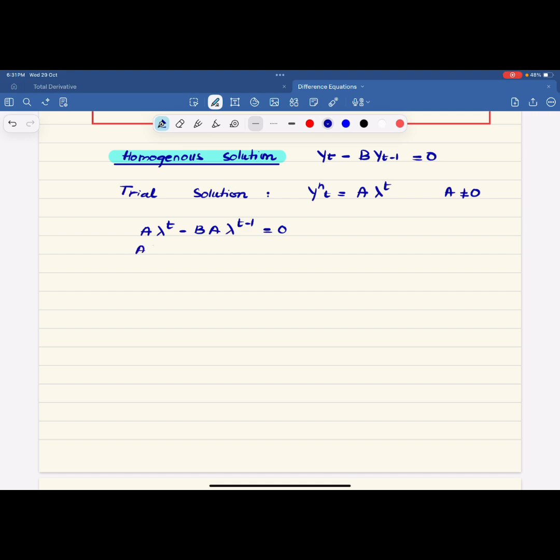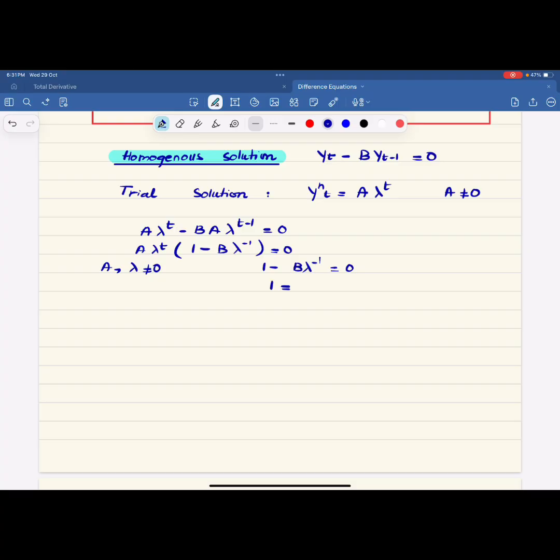We can take A lambda^t as common and we're left with 1 minus beta lambda^{-1} equals 0. Since A and lambda are not equal to 0, therefore 1 minus beta lambda^{-1} should be equal to 0.